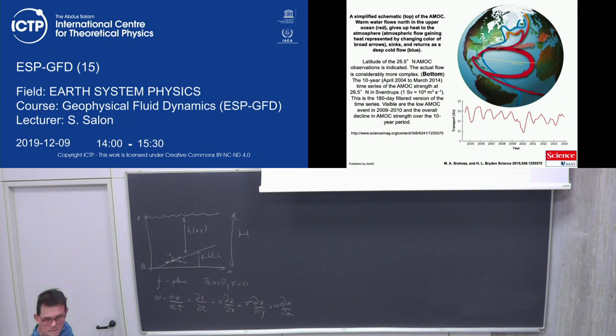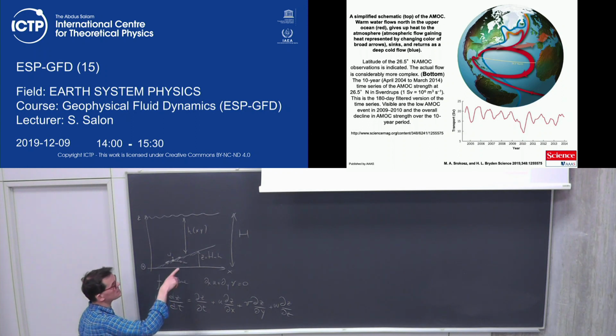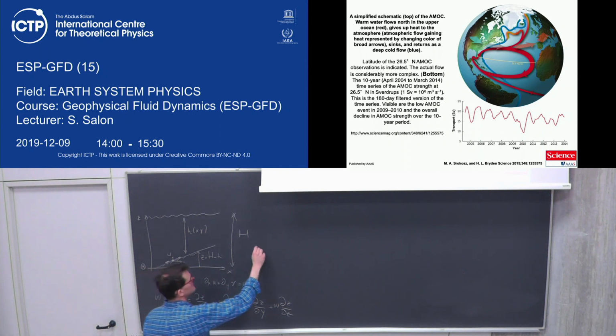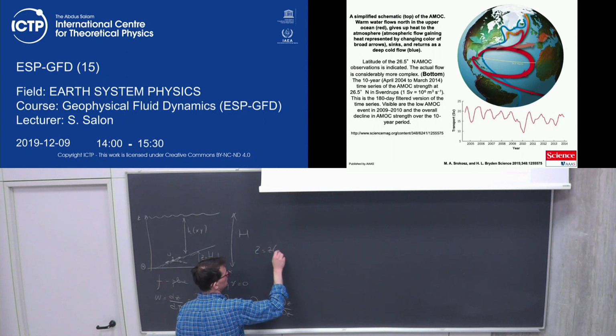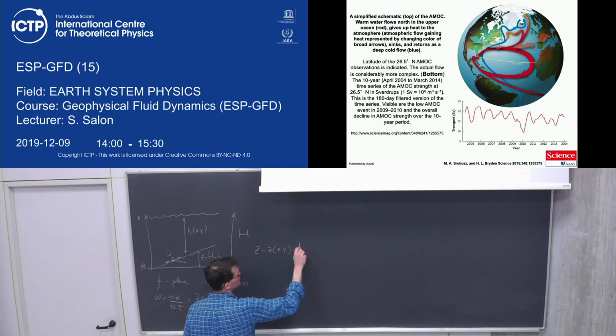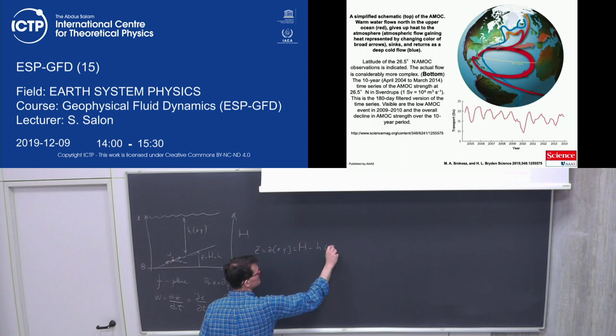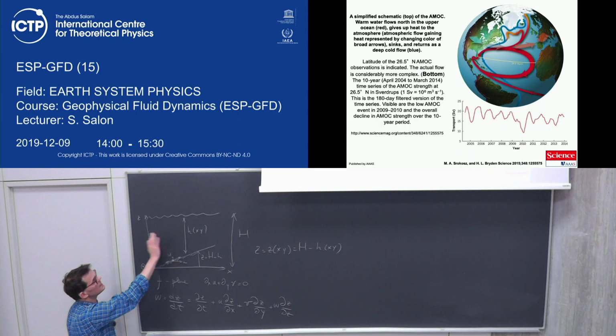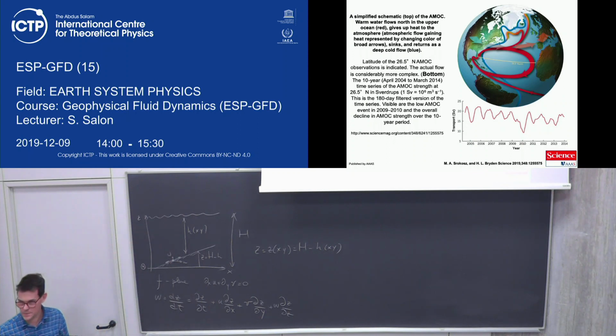In general, z could be a function of x, y, and t. In our case, z is a function of x and y, because it is capital H minus h(x,y). There is no change in time, so the bottom topography remains the same in time. We do not have any kind of change in the surface.